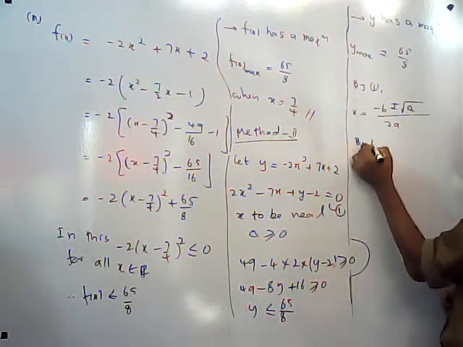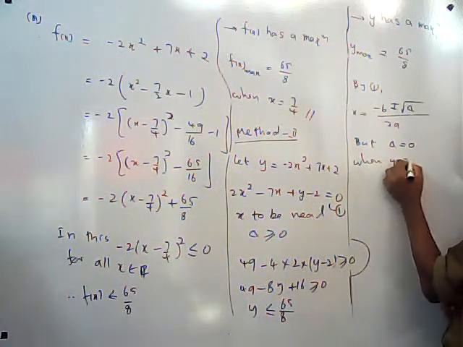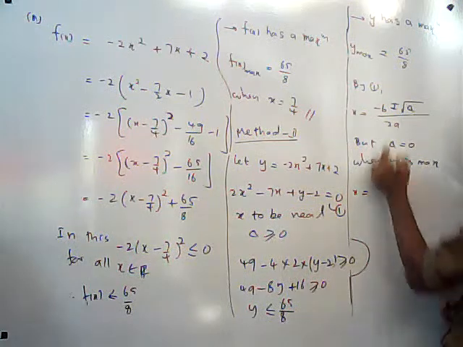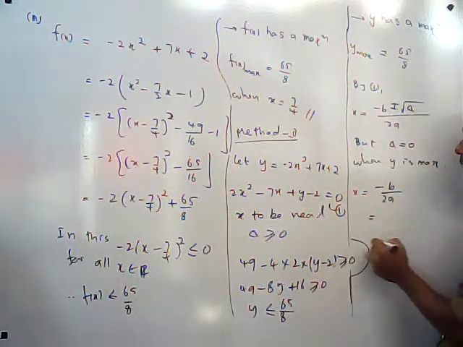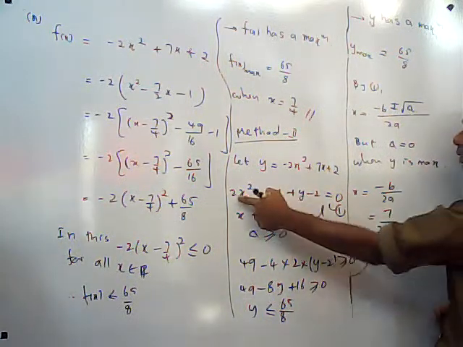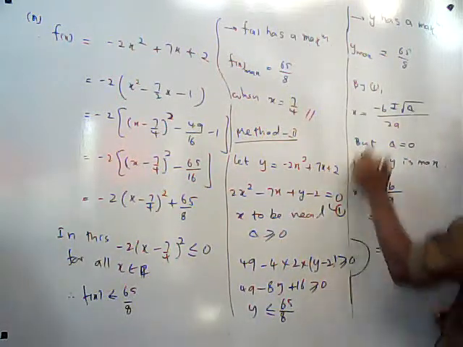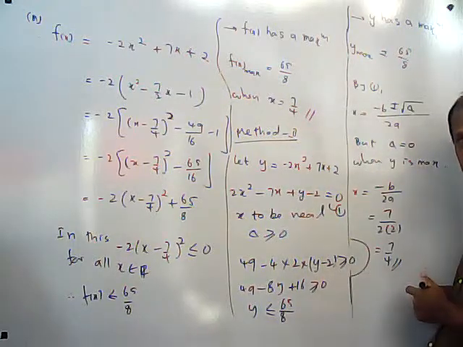So x is given by minus b over 2a. Minus b is plus 7, 2 times a is 2, so x equals 7 over 4. Again, the same result as before. Okay?